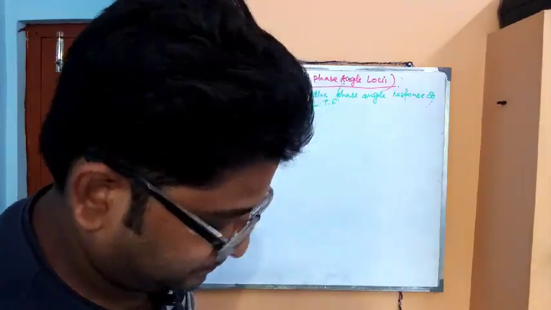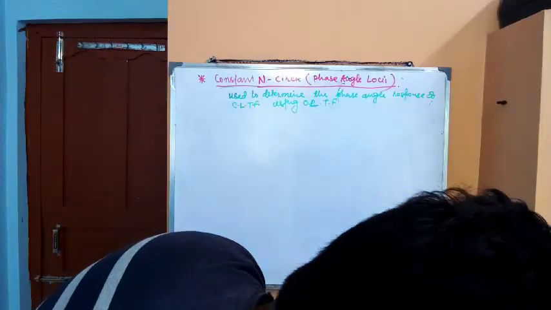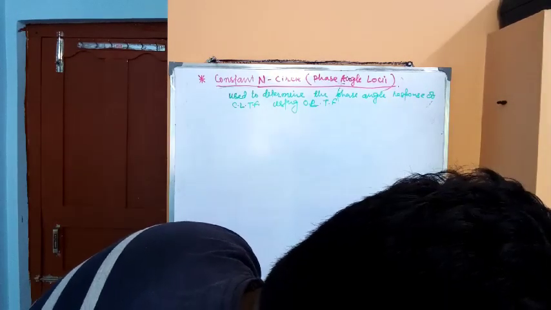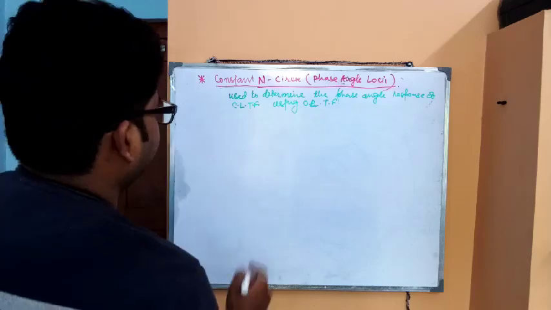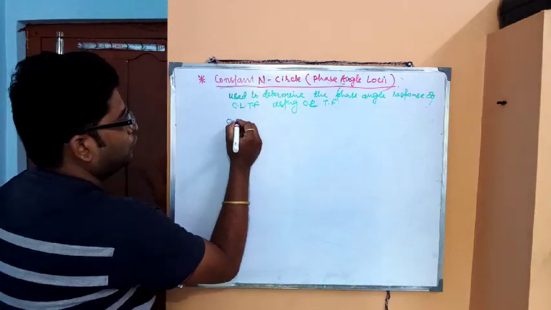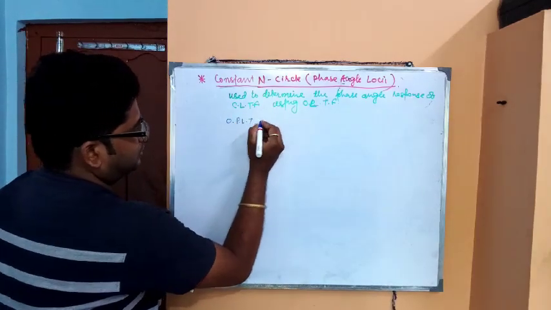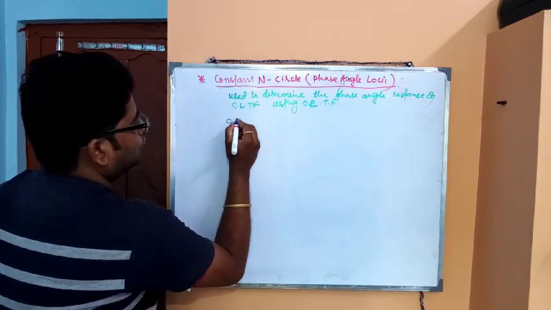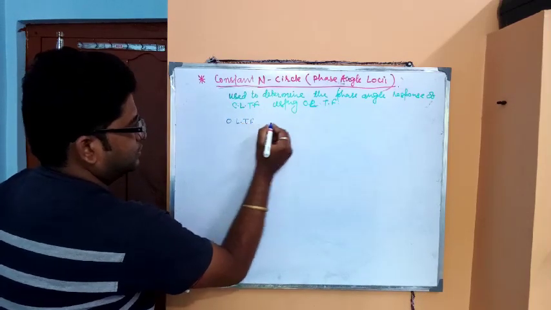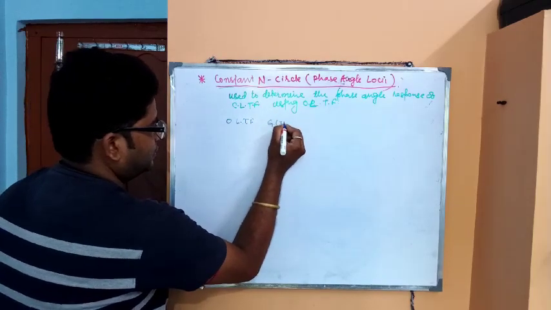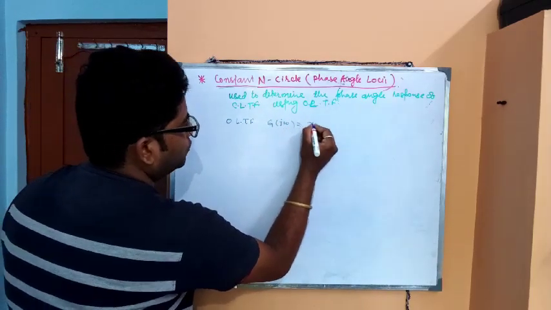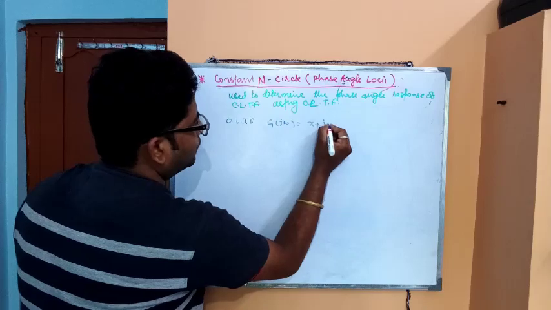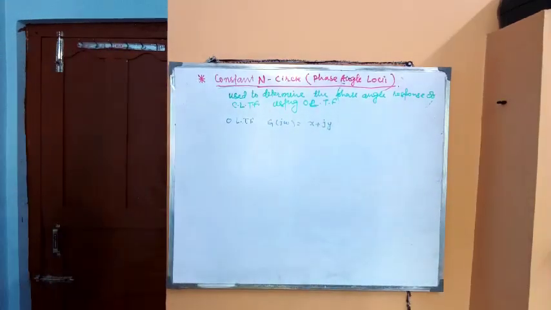Now similarly, as for the previous one, we are considering the open loop transfer function G of j omega. So here the open loop transfer function G of j omega is equal to x plus j y.